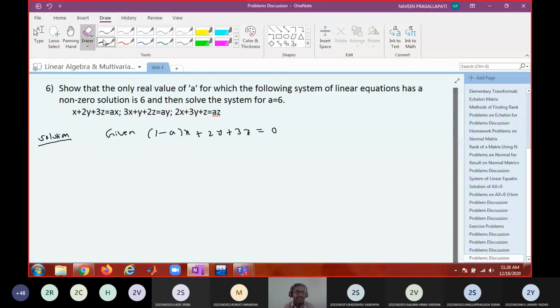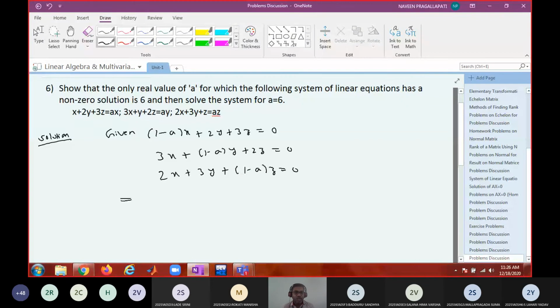So when I take y common, this is (3x) plus (1 minus a) into y plus 2z equal to 0. When I take z common, then 2x plus 3y plus (1 minus a) into z equal to 0. Now it is in the form Ax equal to 0.